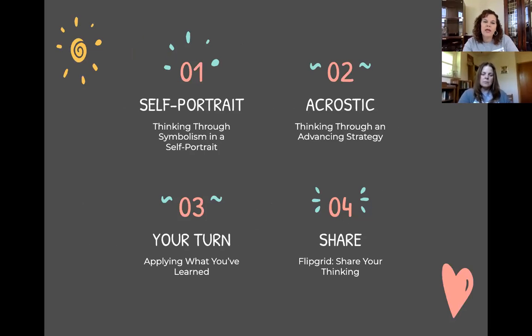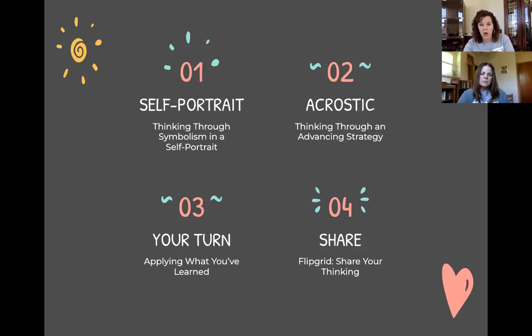Now, today we're going to be going through these 4 steps that you see here outlined. In step 1, we're going to be using a famous artist's self-portrait to think deeply about how she uses symbolism to represent meaningful parts to her life. Then we're going to apply what we've learned in step 2. There we will be doing an acrostic, and we will use the knowledge that we did in step 1 to complete the acrostic.